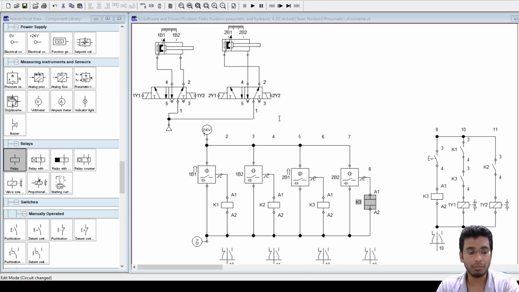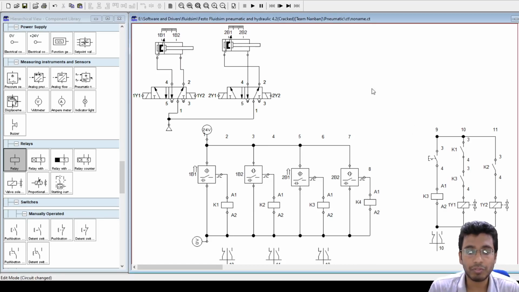And this relay will be your K4 relay. Fine. So first, this is known as your sensor evaluation part. You have connected all the sensors to the relays. Fine. Now you have to make the logic for the output actuation.